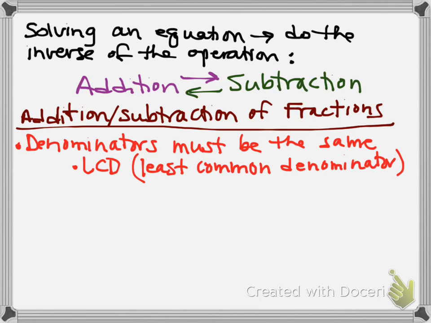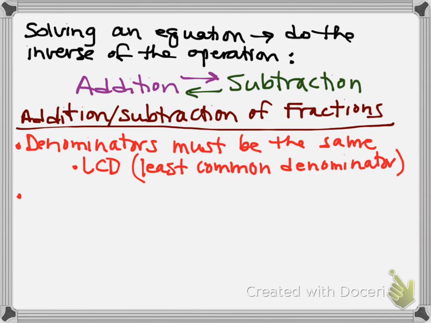So now that we have our denominators the same, how do we actually physically add or subtract fractions? What does that really look like? What are we adding or subtracting? If I have two fractions, they have the same denominator, and I'm told to add them, what do I actually physically add? That's right.